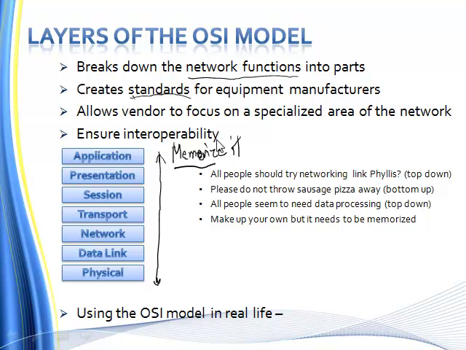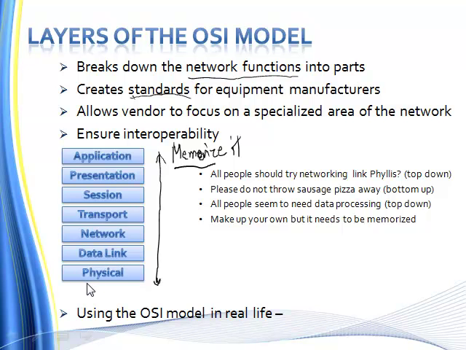So when I say that you're going to need to memorize this, unfortunately it's true. But there are several different mnemonics and acronyms we can use to help us remember all of these layers: physical, data link, network, transport, session, presentation, and application. One that I've used in the past, from top to bottom, is All People Should Try Networking Like Phyllis, with the L meaning the L in data link.